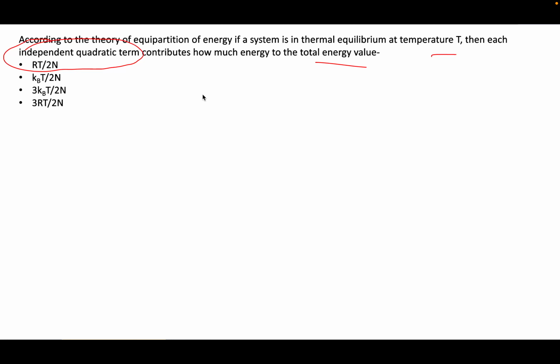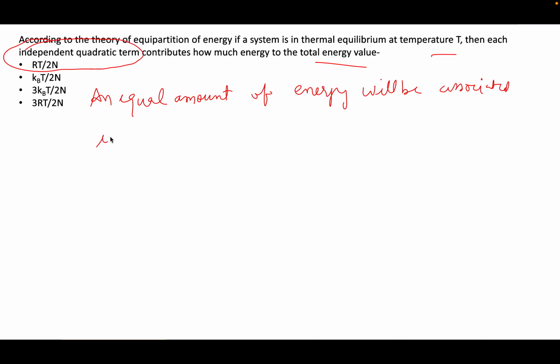So we know that according to equipartition law, you can say that an equal amount of energy will be associated with each degree of freedom.